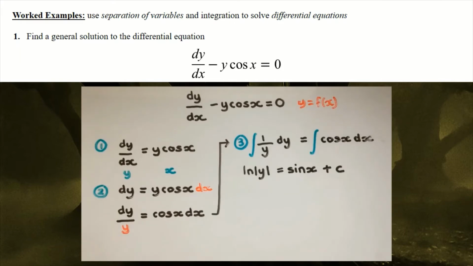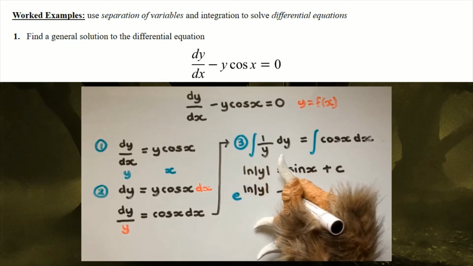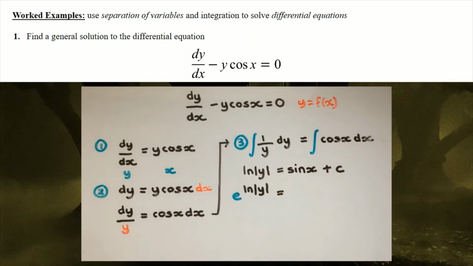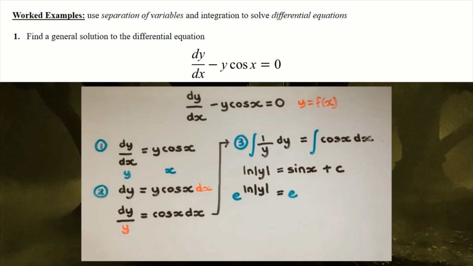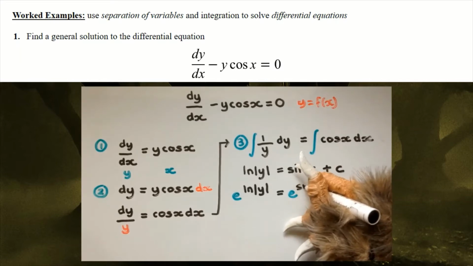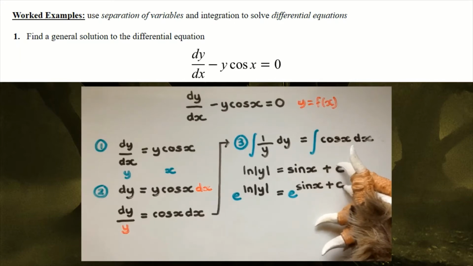So if I exponentiate both sides of this equation, we're going to have e to the power the natural log of y is equal to e, and the power is going to be sine x plus c, and the plus c is very important to make sure you get that in, because otherwise your solution will not be the most general solution, and you'll see what I mean in a second.